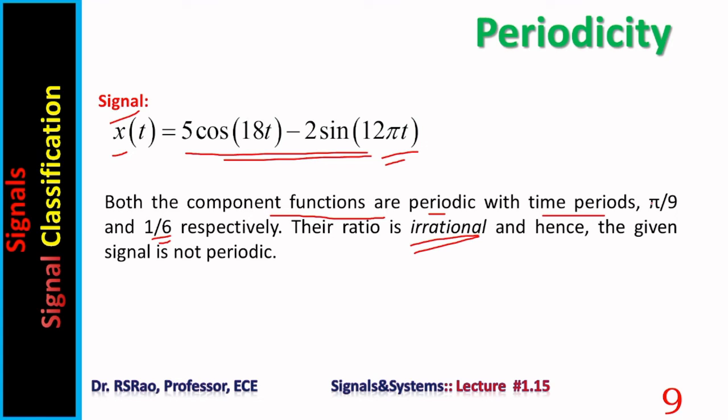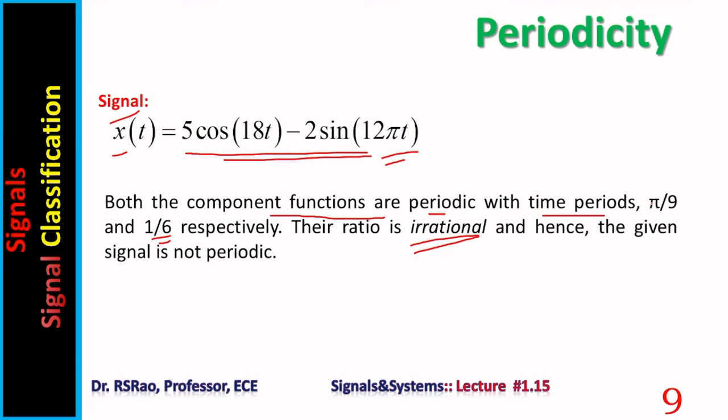It is irrational. Here one point requires to be mentioned. Pi cannot be expressed as a ratio of two integers, so it is irrational. We may be tempted to think that pi is equal to 22 by 7, but this equality between pi and 22 by 7 is only an approximate equality.